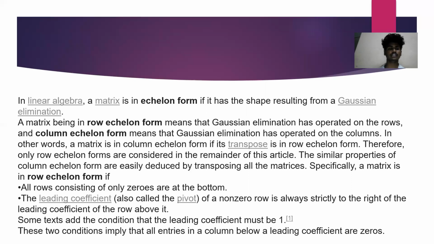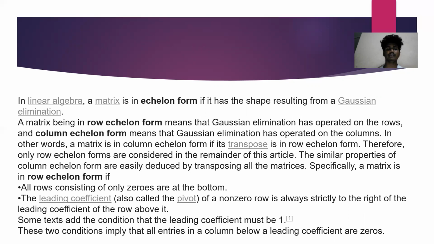In linear algebra, a matrix is in echelon form if it has the shape resulting from Gaussian elimination. A matrix being in row echelon form means that the Gaussian elimination has operated on the rows, and column echelon form means that Gaussian elimination has operated on the columns.